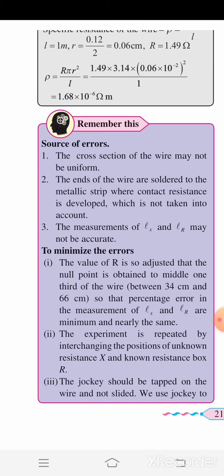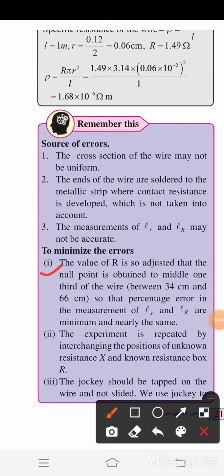These errors occurring in the measurement of unknown resistance using the meter bridge can be minimized if some factors are taken into account. These factors for minimization of the errors are as follows. First, the value of R is so adjusted that the null point is obtained in the middle one third of the wire, so that the percentage errors in the measurement of Lx and Lr are minimum and nearly the same.